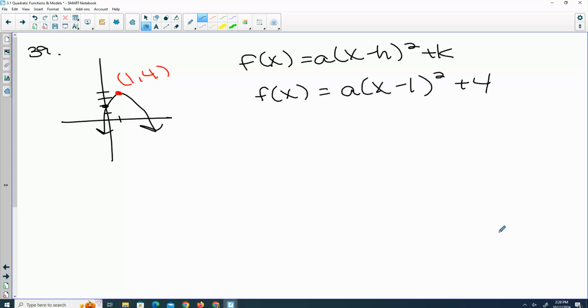Now I have to find out what my a value is, so how do I get there? Use another point. The other one that is clearly marked for us in our picture was (0, 2).